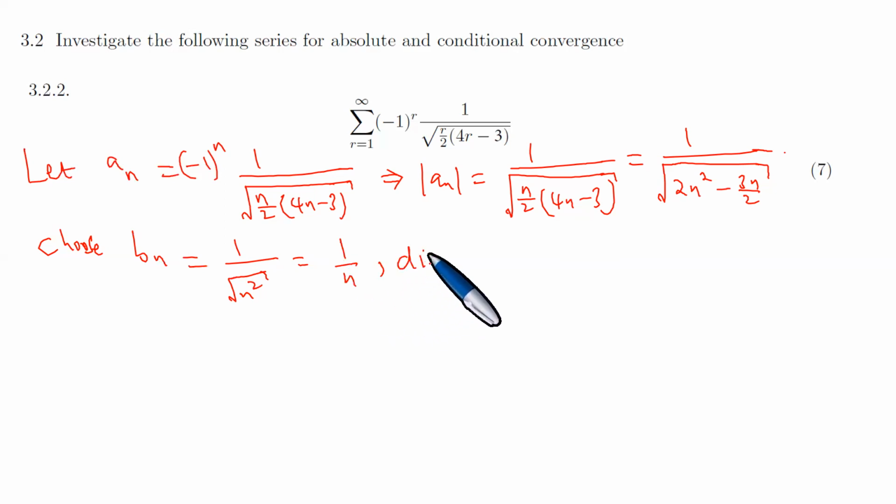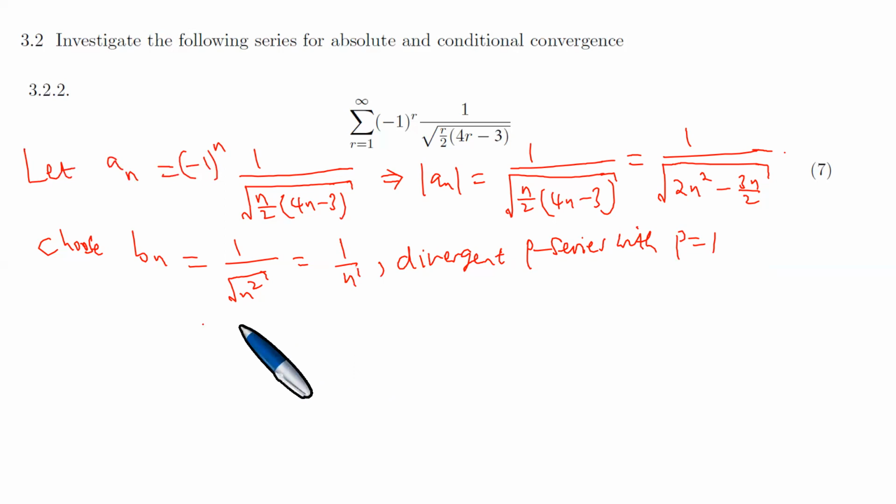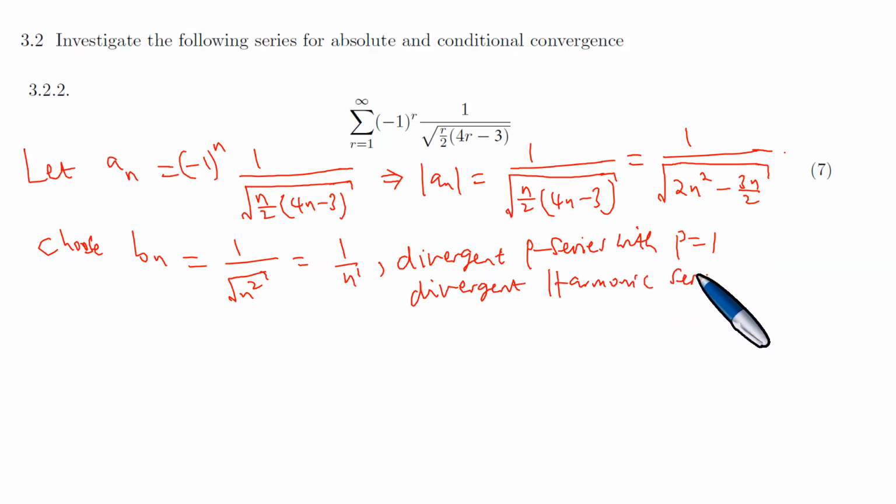A divergent p-series when p is 1, the power there, is called the divergent harmonic series.